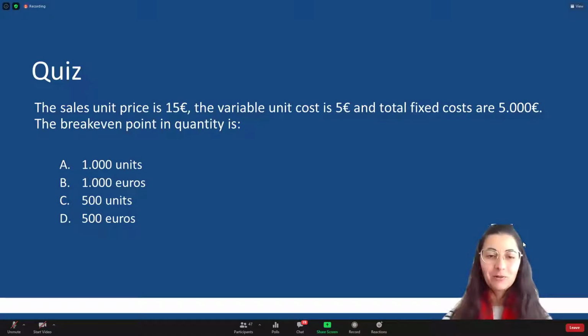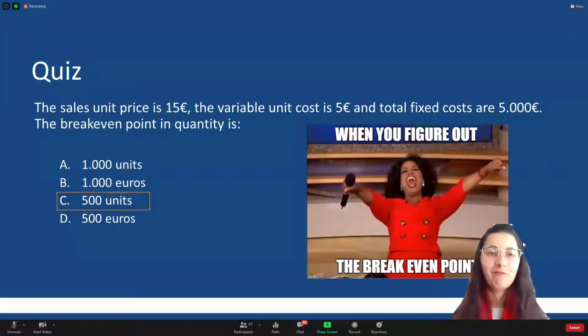Okay, so what is the correct answer? 500 units. So most of you got it right. Very good. If you have a sales unit price of 15 euros and a variable unit cost of 5 euros, we can calculate the contribution margin per unit: selling price minus variable cost per unit, 15 minus 5, which is 10.